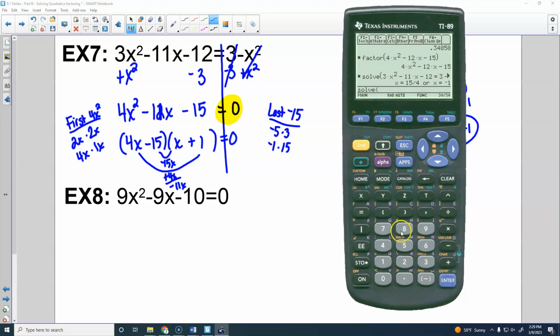I could ask it to solve 8 to the x power plus 2 to the x power equals 130. And it would tell me the answer is natural log of 5 divided by natural log of 2. Or if you hit the green button and enter, it'll give you a decimal for it. It takes it a while to do that sometimes.